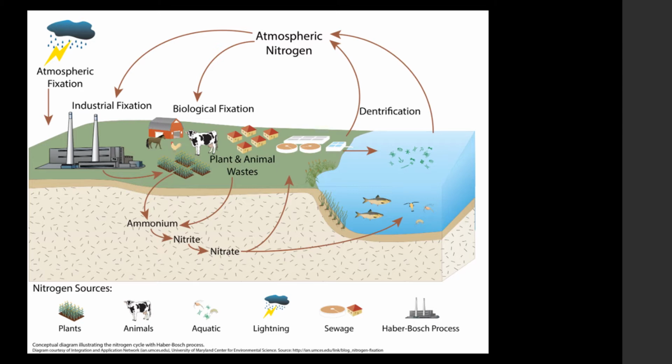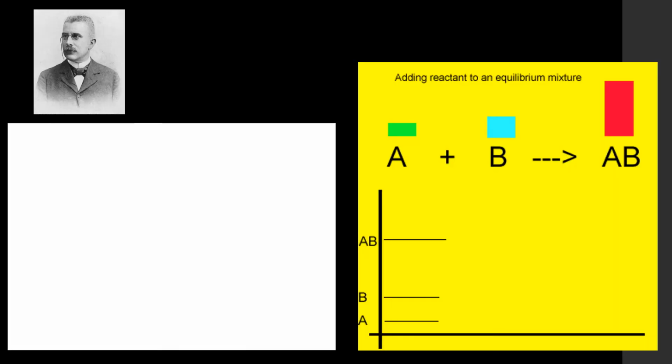And he's done this by fixing nitrogen out of the air and turning it into ammonia. So from the industrial plant, it can be used as fertilizer. Now the plants will turn that into ammonium, and it'll take part of the nitrogen cycle, and we'll talk about that in a little bit more detail later.